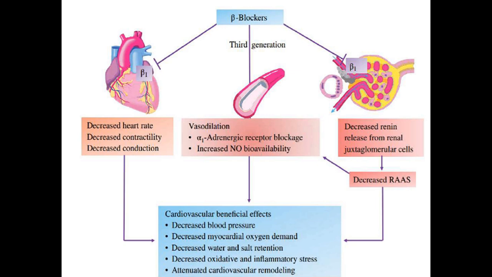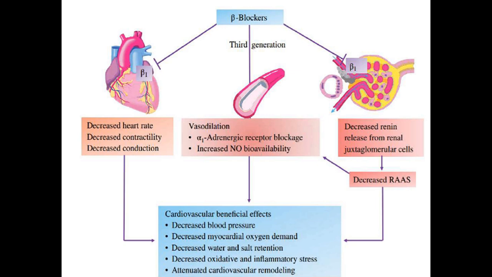Now beta blocker, what are their actions on the heart? Decrease the heart rate, decrease contractility, decrease the conduction, and in blood vessels there is a vasodilation. Alpha adrenergic receptor blocking activity increases the nitric oxide bioavailability. In the kidney, there is a decreased renin release from the juxtaglomerular cell and decreased renin angiotensin system, which further helps in the vasodilation.